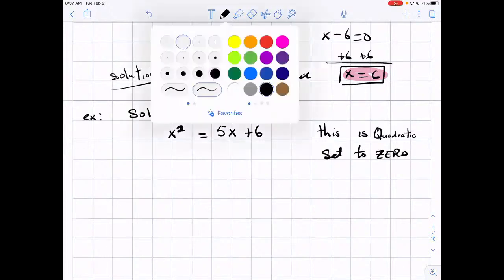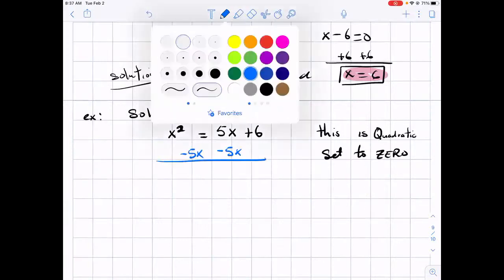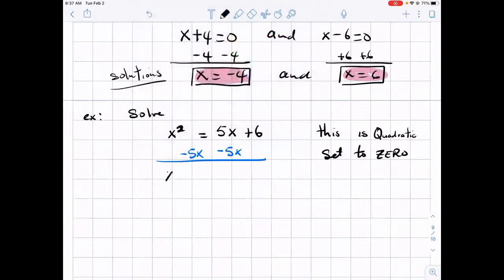So what I'm going to do, I'm going to minus 5x on both sides. So that gives me x squared minus 5x. These are not like terms, so you can't combine them, okay? And that is equal to, this cancels out, 6.